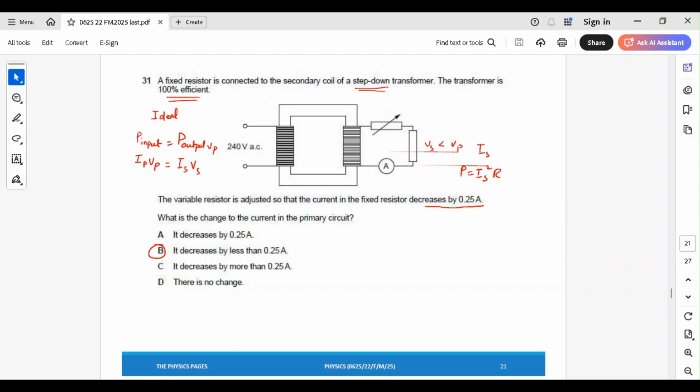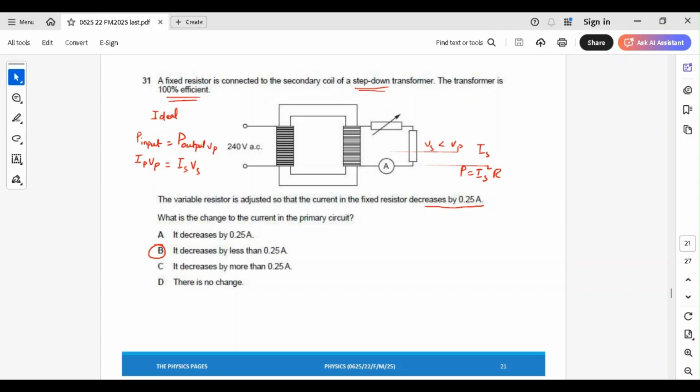Here I would like to mention that the input current, the primary current, is decreased for sure, but by less than 0.25 ampere. How can we understand this? We know that input power is equal to output power. The input voltage is 240, whereas the output voltage is less than 240.